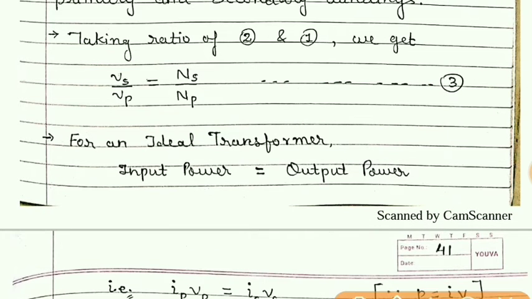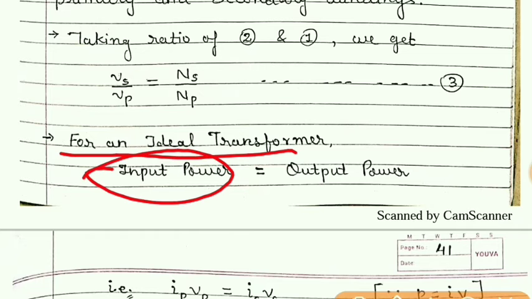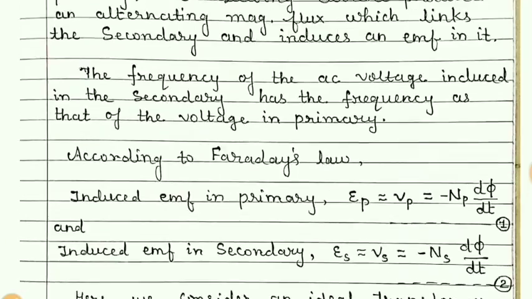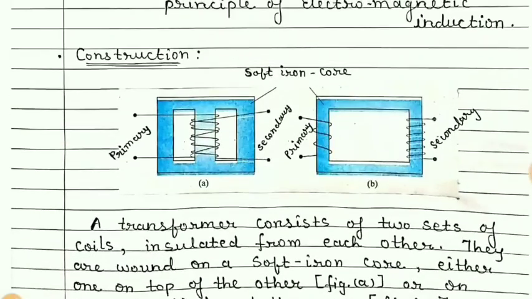Now for an ideal transformer, input power is equal to output power, means whatever power is supplied at the input, the same power will be obtained at the output. Only there will be a change in voltage and current here, and voltage and current here also.